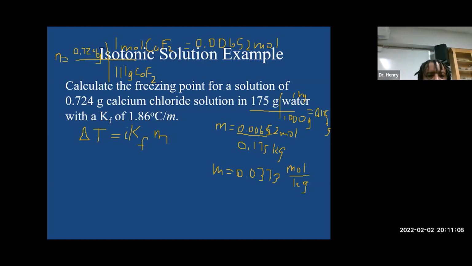So we know our i is going to be 3. Delta T is going to equal 3 times 1.86 degrees C per molal times 0.0373 molal. The molal is going to cancel out, and we're going to be left with Celsius.